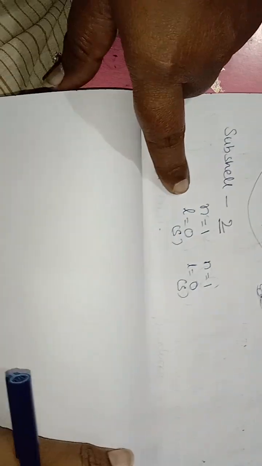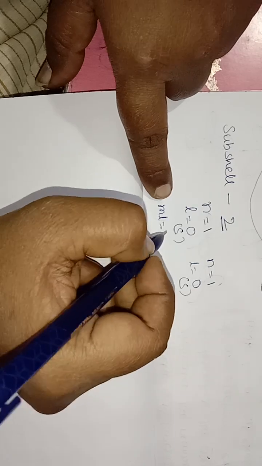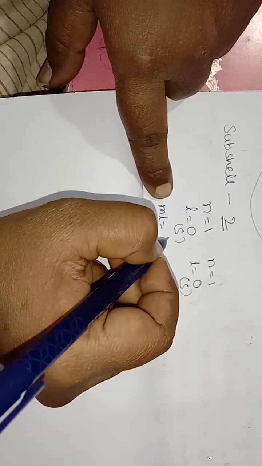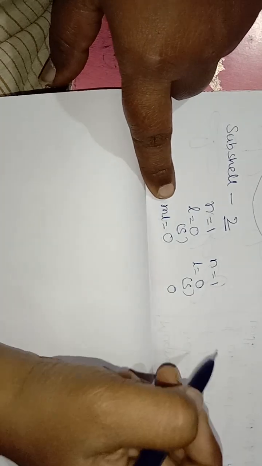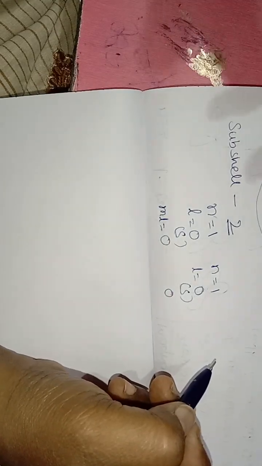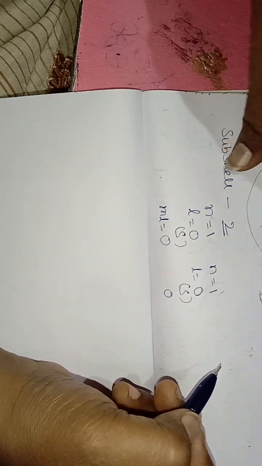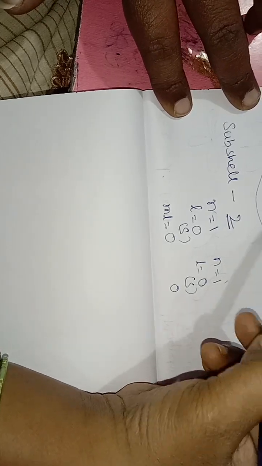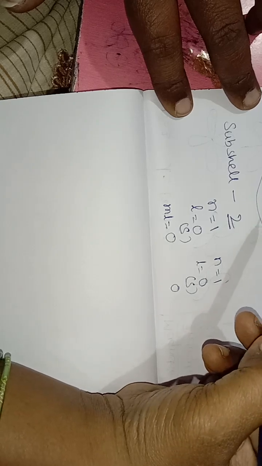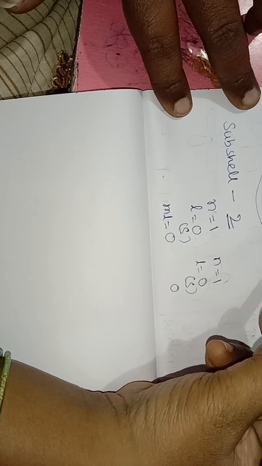Both will have the same. The magnetic quantum number means the orientation of the orbital, so the value is 0 for the sphere, as we already discussed. The quantum numbers we studied at the start of this lesson provide information about where we find the electrons and their sizes and energies.